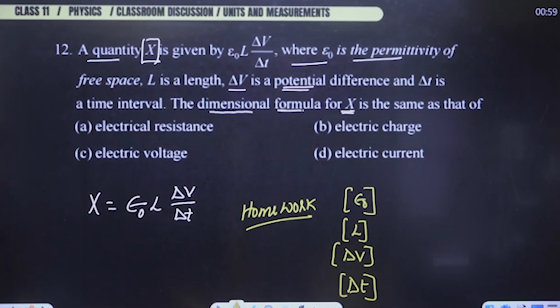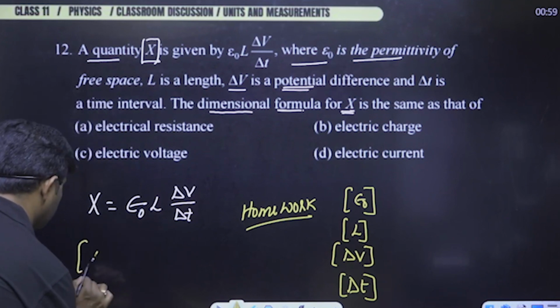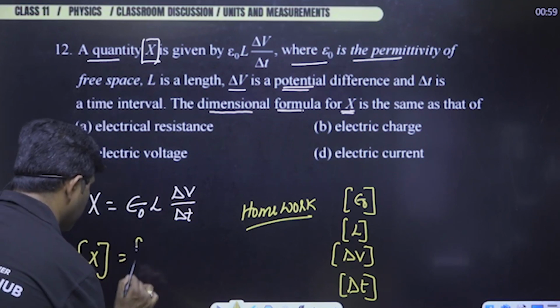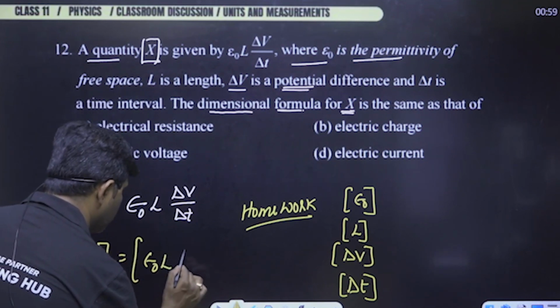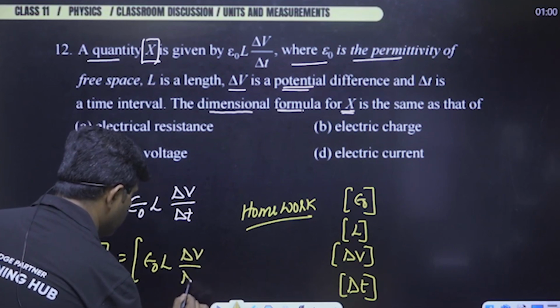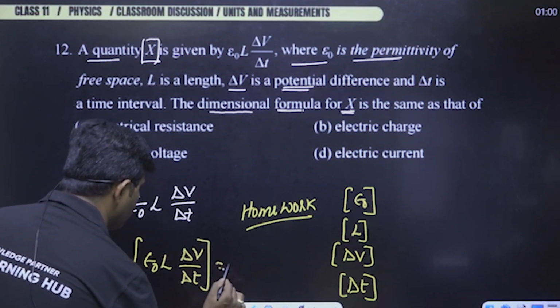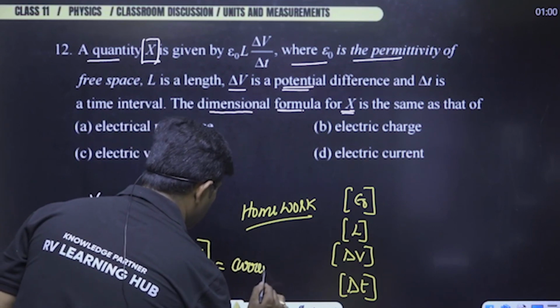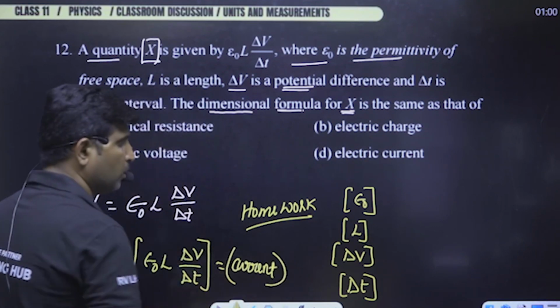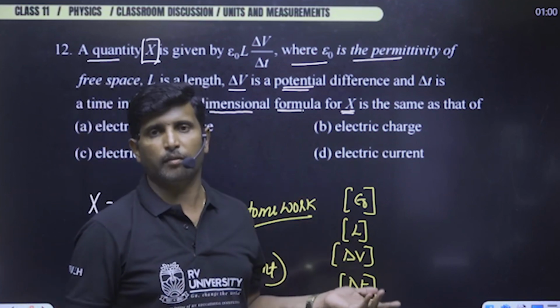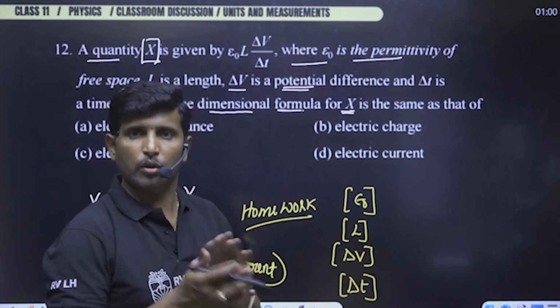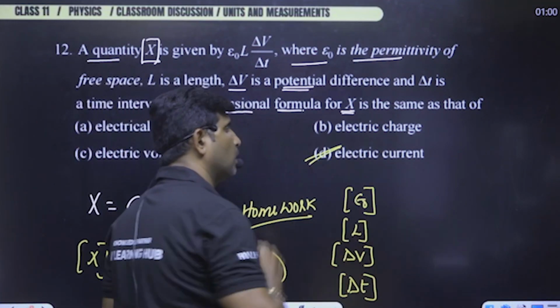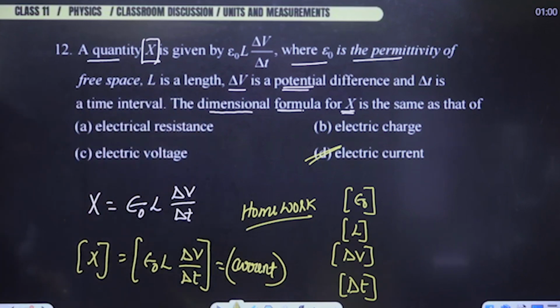You will get the dimensional formula of x, which is nothing but the dimensional formula of epsilon naught into L into delta V by delta T, which will be equal to electric current. You just substitute all the values and simplify, you will get the answer. There is no issue. Therefore we can go with option D as the right answer.